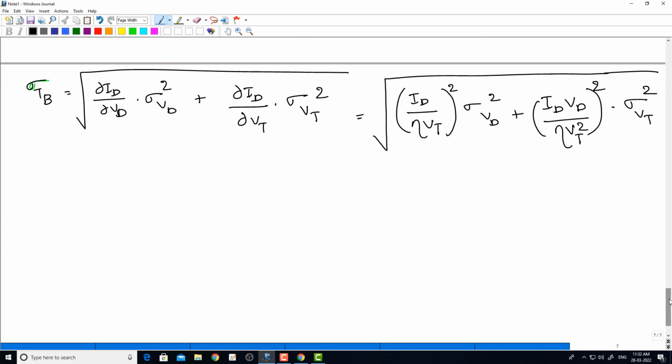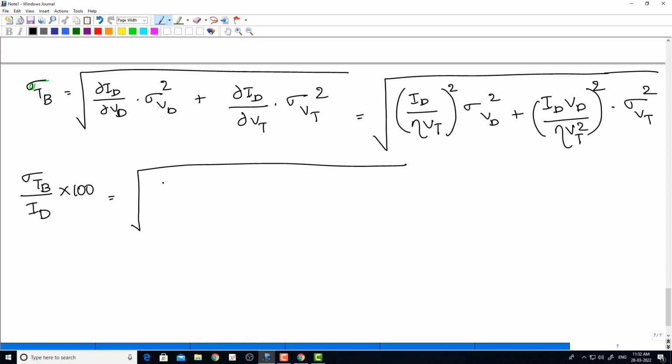So the percentage of uncertainty is sigma Id by Id into 100, which is equal to root over Id square, and we can take Id out and divide it with this sigma Id.